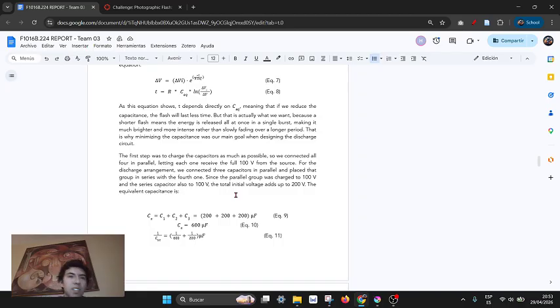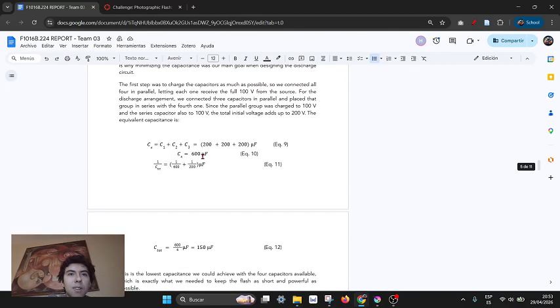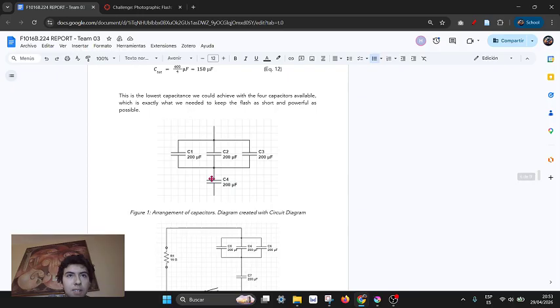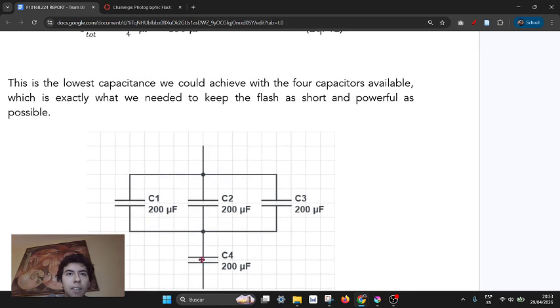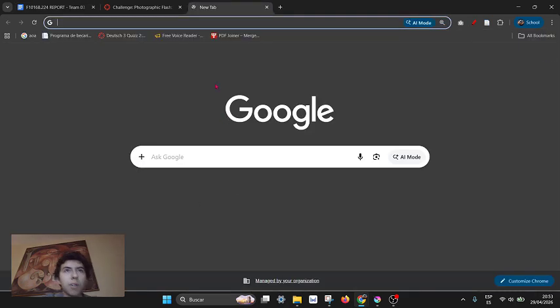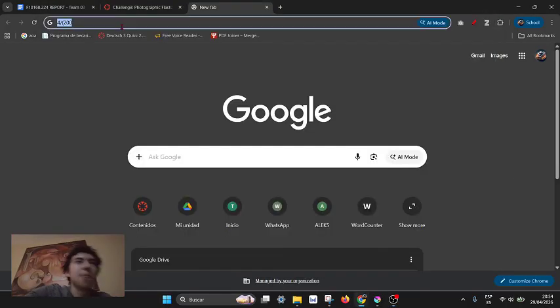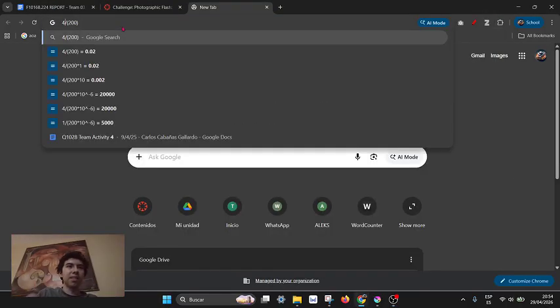Through experimentation, we found that the best array for these capacitors was this one. Three in parallel, and after that, one in series. We could have done all of them in series, which in total... Oh right, I almost forgot. It would be this to the -1.